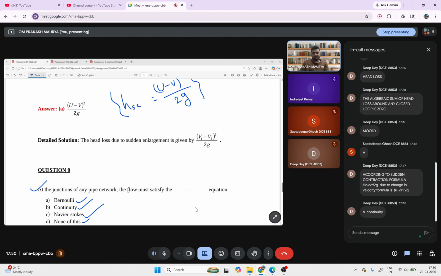Other students, please also think about this question. Very easy question, if you think very well, definitely you are able to give the answer. Okay, let me show you the answer.